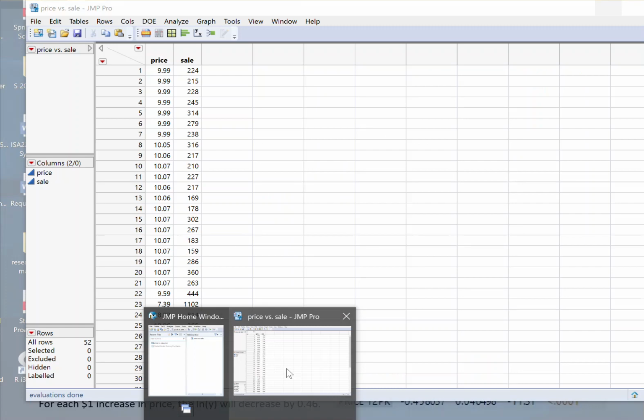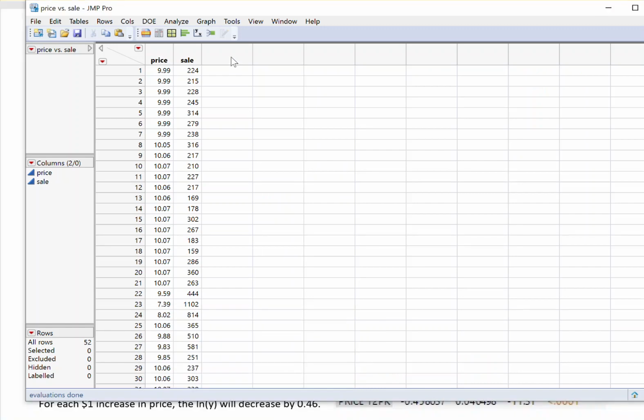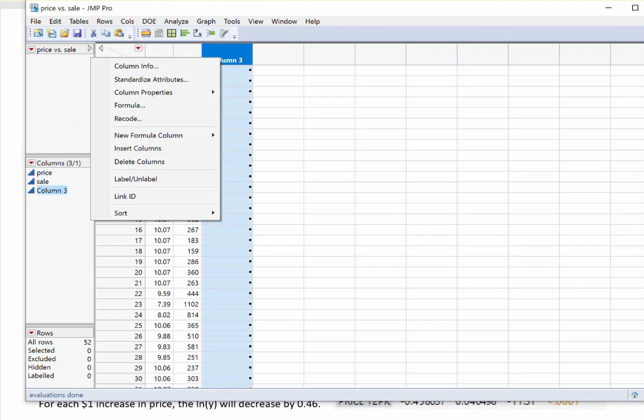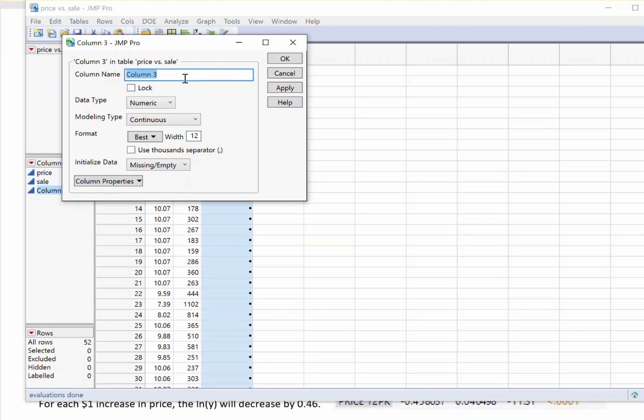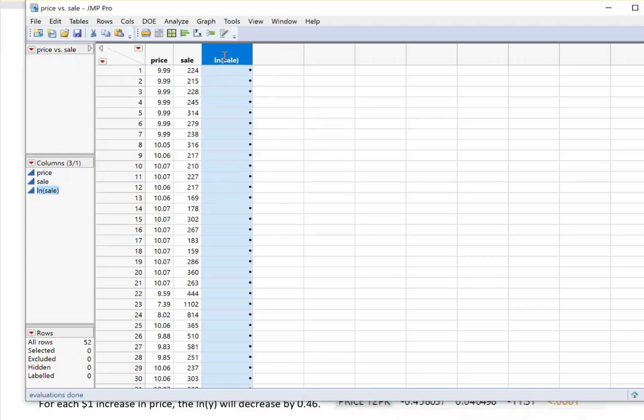So now let's go to our data. The price is x, the sale is the y. Now we want to create another column. For this column, I can right click and then customize the column information. First I say this column is for the natural log of the response variable, which is sale, natural log y.